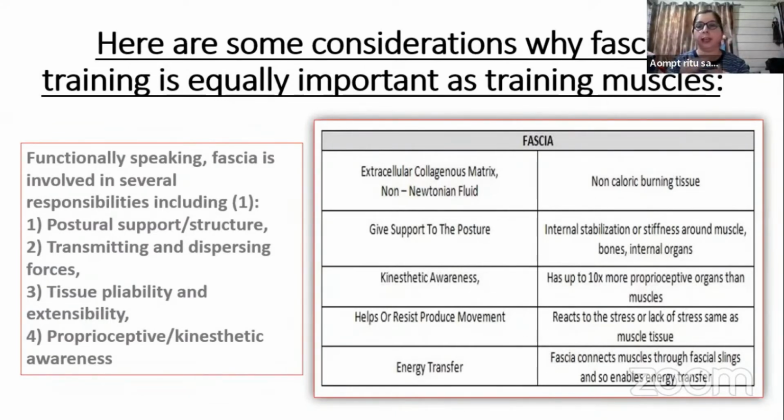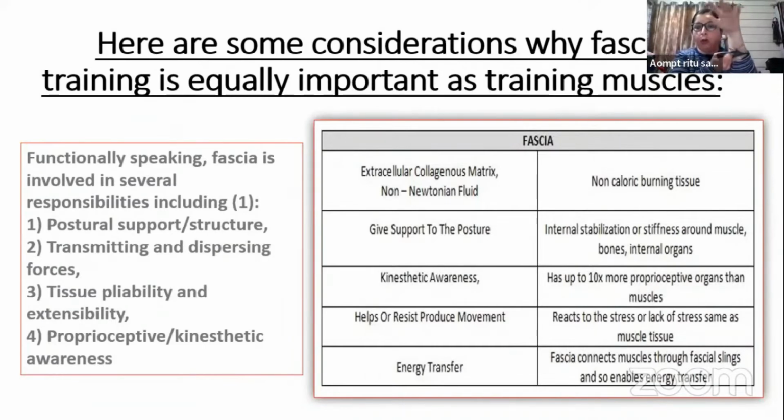It means that we have to treat both structures together, and training for fascia is also important. If there is tightness in my arm, if there is tightness of the fascia, it restricts the glide. So I will check whether the proximal glide is restricted or the distal glide is restricted.